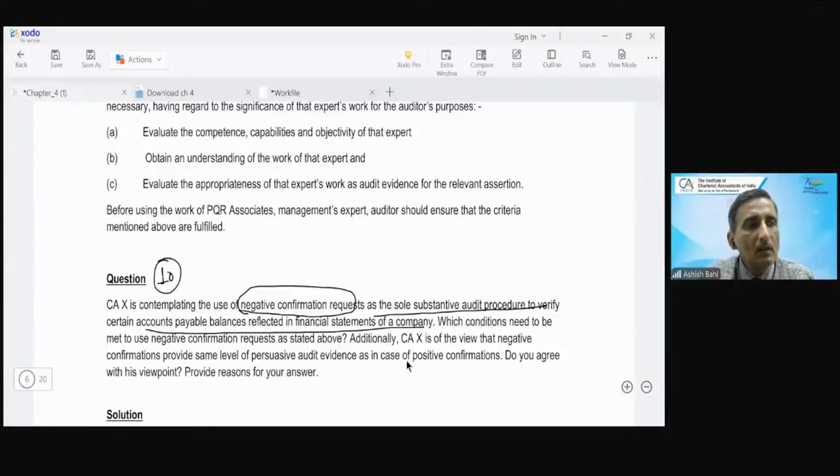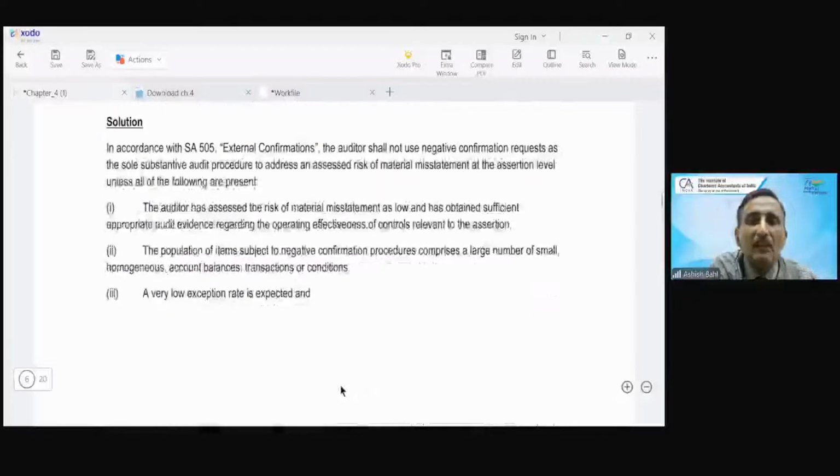Yes, Aksvanu, you are right. Positive confirmation requests are to be replied to, but in case of negative confirmation, if the party agrees, no reply is needed. If it disagrees, then it only needs to reply. There are certain conditions stated in SA 505 which have to be met before sending negative confirmation requests.